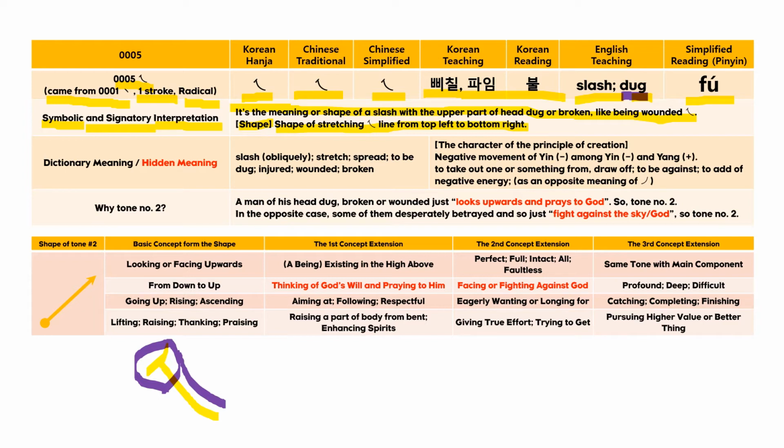But this character is just one stroke. That's why I call this character mysterious. Okay? Not two strokes, one stroke. The opposite shape of Pie, yeah, you just learned.